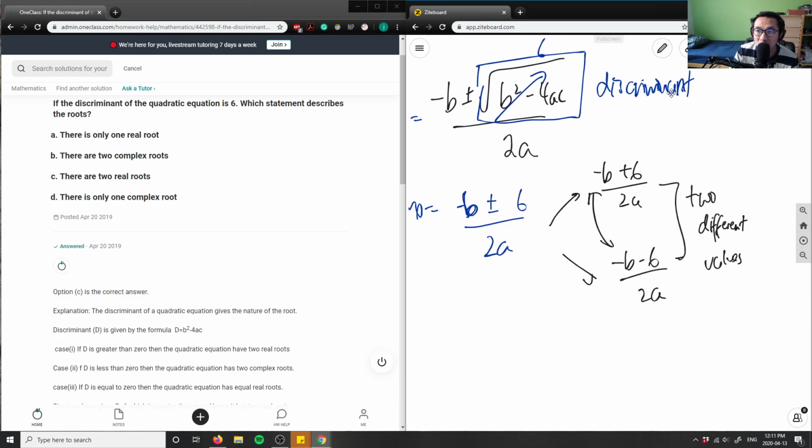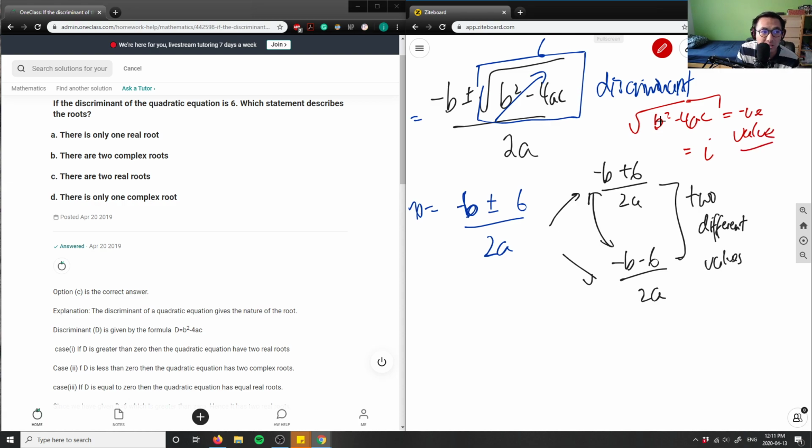In this case, it's actually a real root. If we had a complex root, my discriminant would be an imaginary number. For b squared minus 4ac to give a complex root, it would have to equal some value times i, because inside the square root would be a negative number. I'm square rooting a negative value, which means it's a complex number.